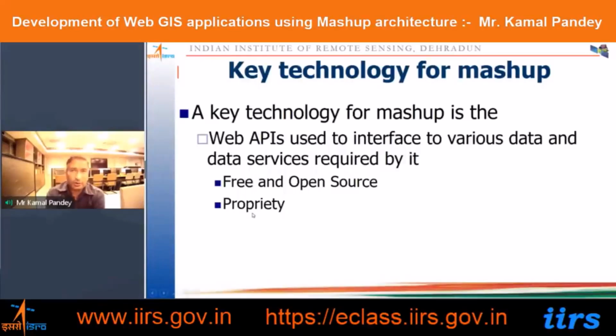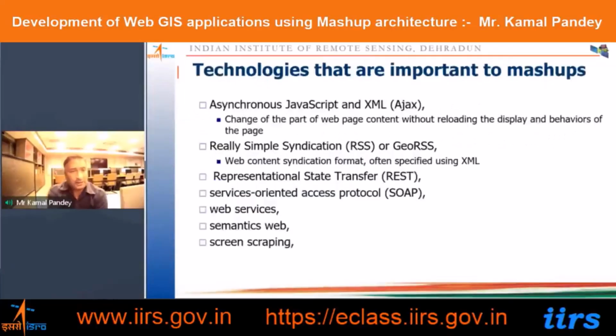Some portion of the mapping applications is free of cost, whereas for some of the APIs you have to pay. Those are the technologies that are important to Mashups. You should remember that the building block of a Mashup is a web API. To be more specific, for web GIS, we will say web map APIs.